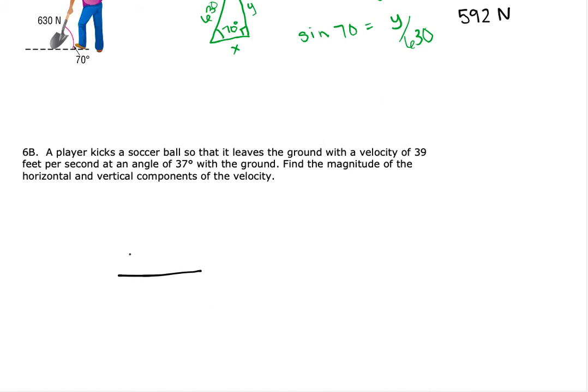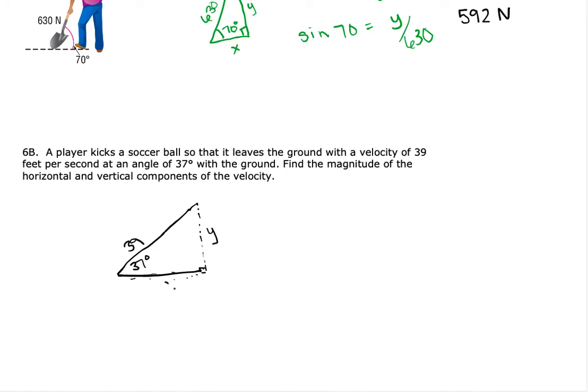We have 37 degrees, which is not drawn to scale, and a velocity of 39 feet per second. We need to get this vertical and this horizontal.